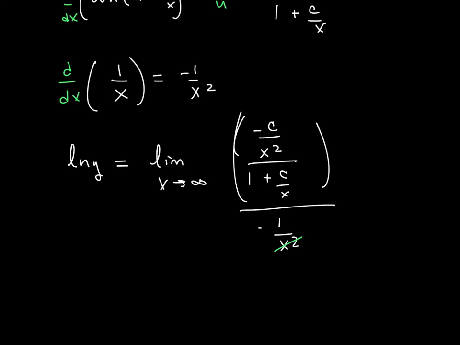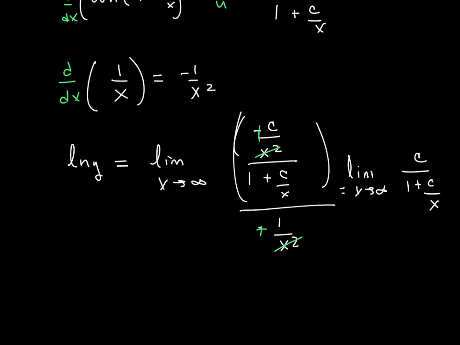This cancels out and becomes positive, and all of this is now equal to the limit as x approaches infinity of c over 1 plus c over x.